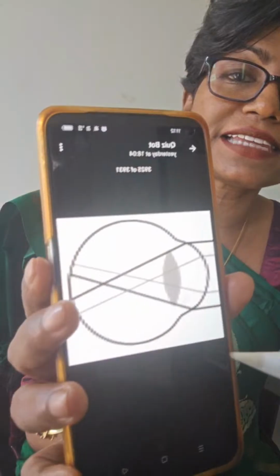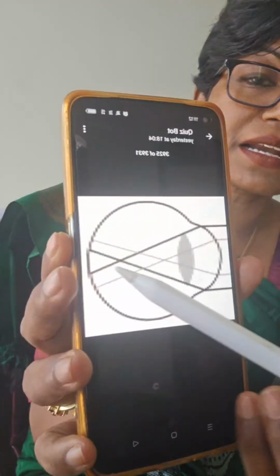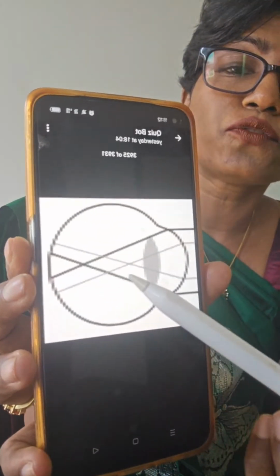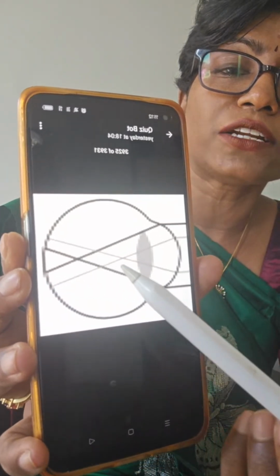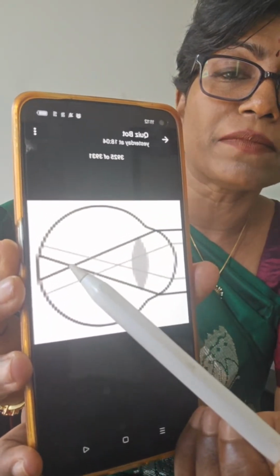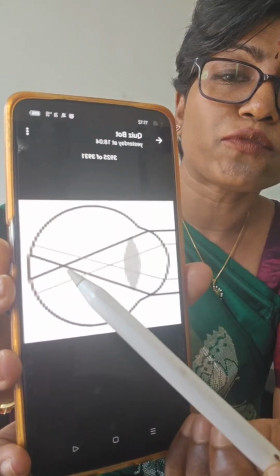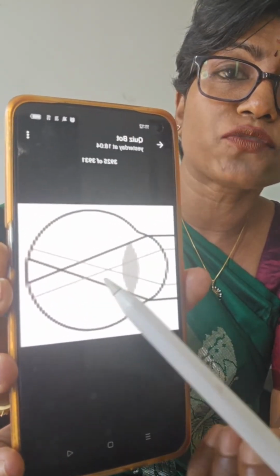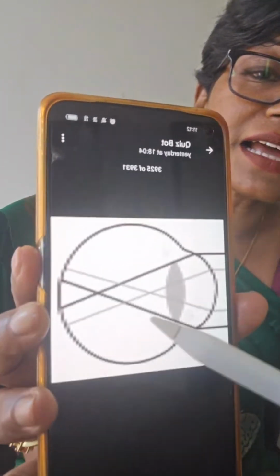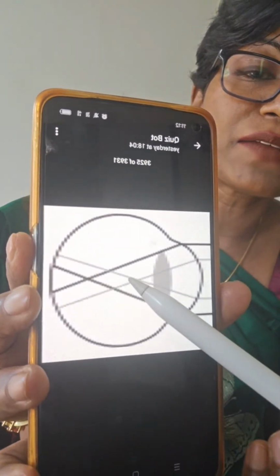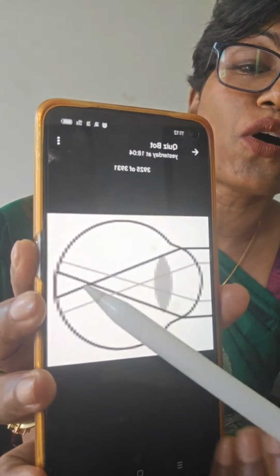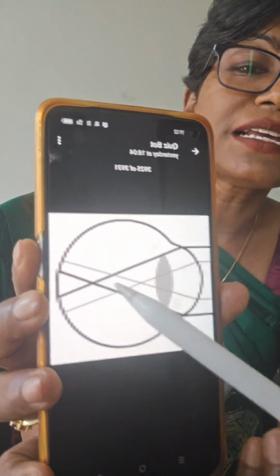Now I have the 2 focal lines in front of the retina, both of them. See, this is the retina and I have F1 and F2 in front of the retina. Image in front of the retina is always myopia. So remember, I've got a myopic astigmatism, and when both are in front of the retina, this is compound myopic astigmatism.